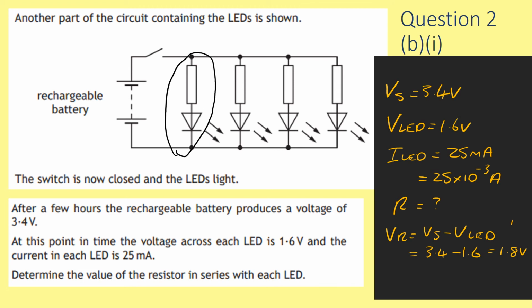Then in order to find the resistance of the resistor, I just do R is equal to V over I, which is 1.8 divided by 25 times 10 to the negative 3, remember milliamperes, which is 72 ohms. Now if you don't do the first part, where you calculate the voltage across the resistor, you will lose 3 marks. You'll only get 1 mark for the use of the equation.